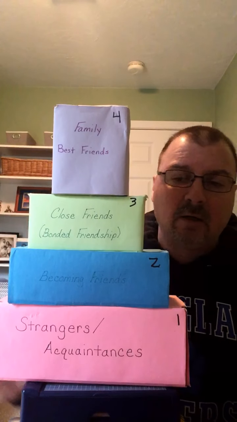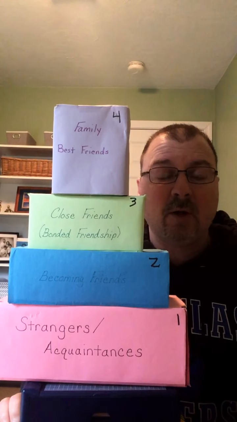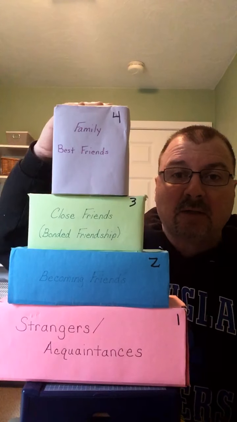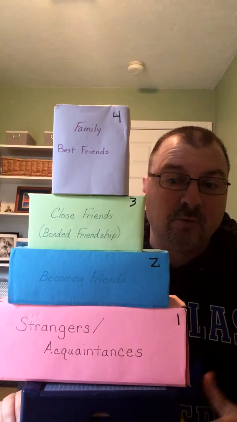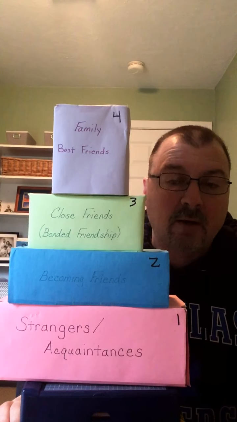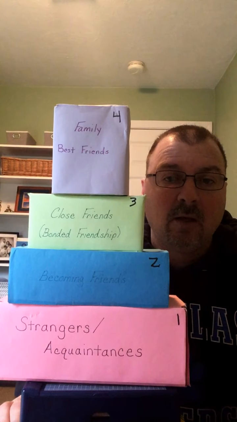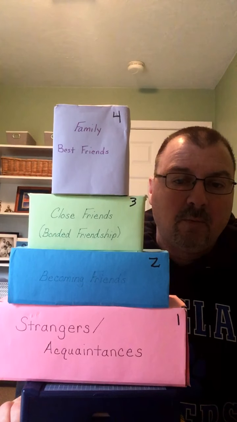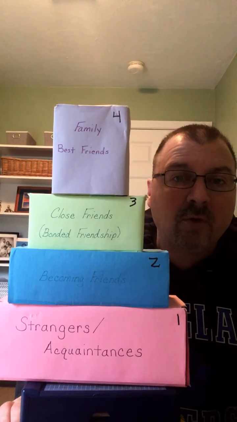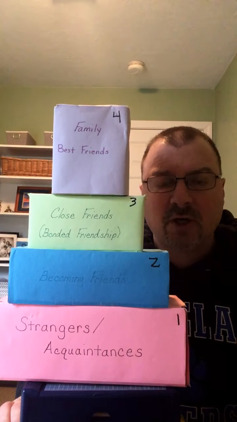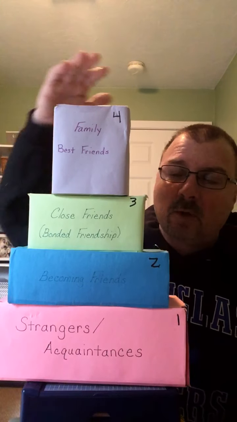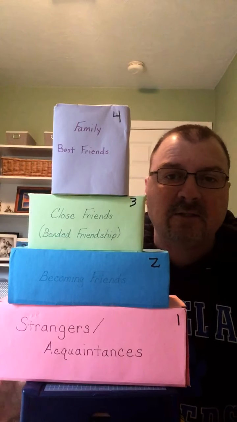If you have a cousin that you don't really see very much and you only talk to them every couple of years, they certainly wouldn't be in a box like this. But if you live close to your cousins and your grandparents and you see them all the time and they've known you for years and they've shared experiences with you and they've gone through the ups and downs of life with you and you've trusted them and they've confided in you and you in them, then that's where they would fall into this box here.